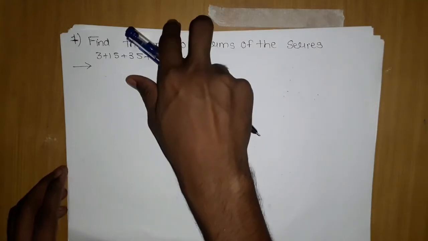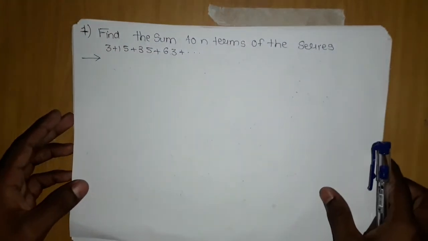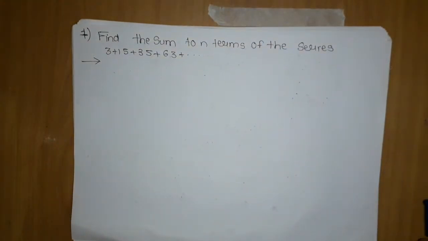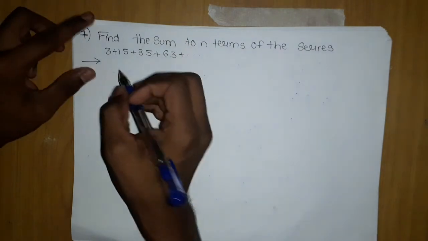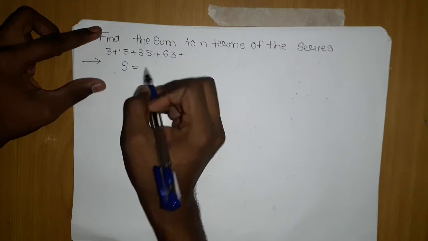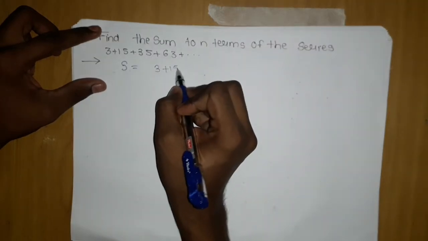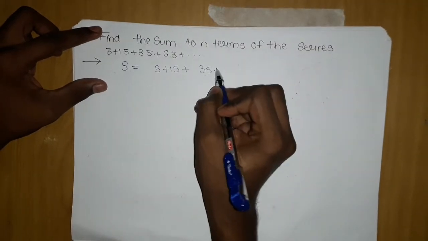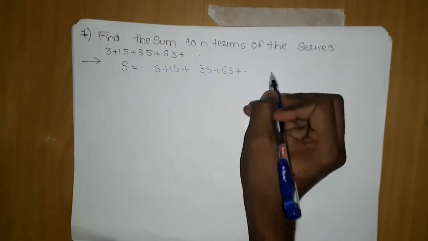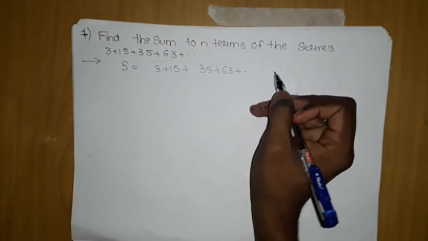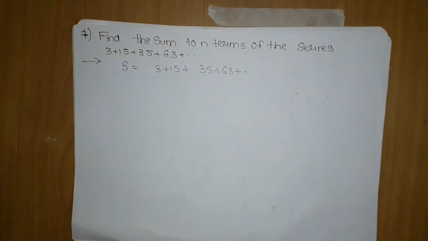The next problem says as follows: find the sum to n terms of the series 3 plus 15 plus 35 plus 63. We will do it by all methods which we can: 3 plus 15 plus 35 plus 63 and so on.